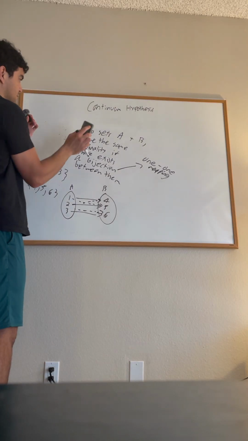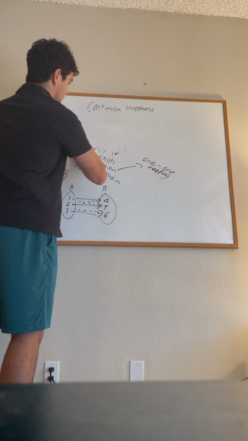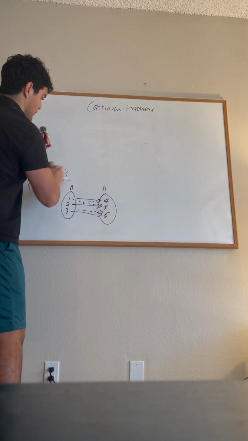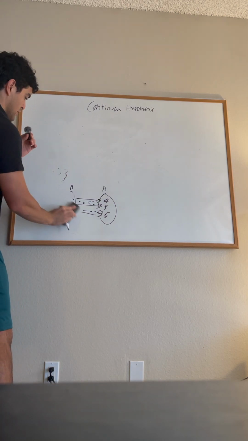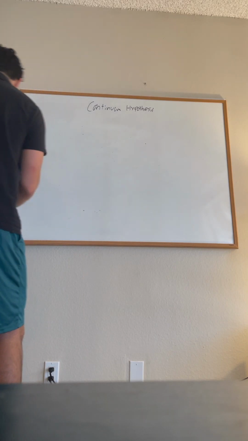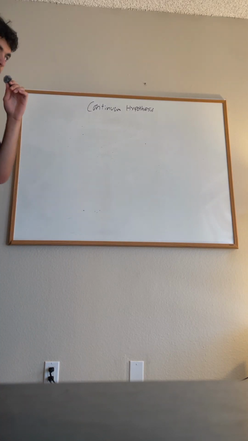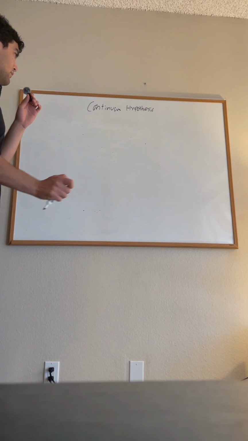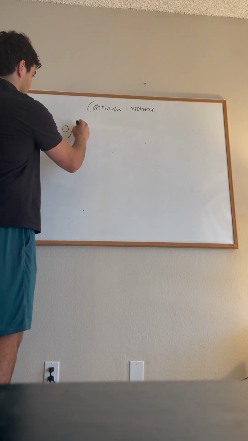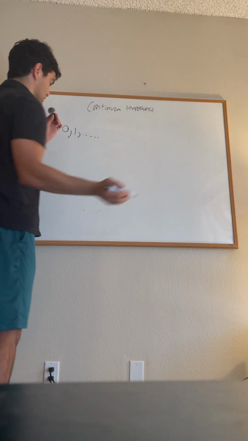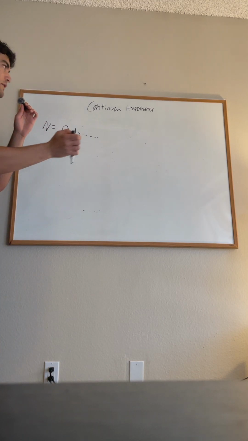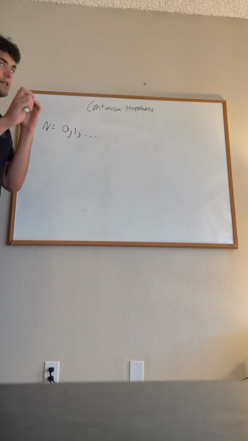So this seems, I'm going to erase all this. So this definition makes a lot more sense when we look at infinite sets. So for example, if we take our natural numbers, which is 0, 1, and so on, this is infinite, right, so we can't say it has a size like a number.